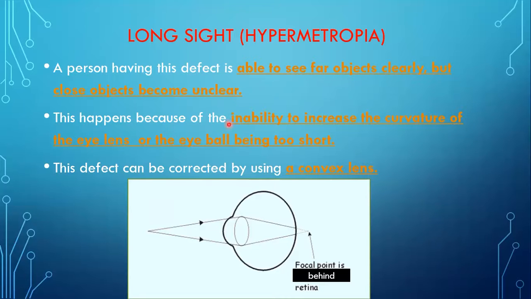This happens because of the inability to increase the curvature of the eye lens or the eyeball being too short. This defect can be corrected by using a convex lens. Here you can see focal point is behind the retina. We can correct this long sight by using a convex lens.